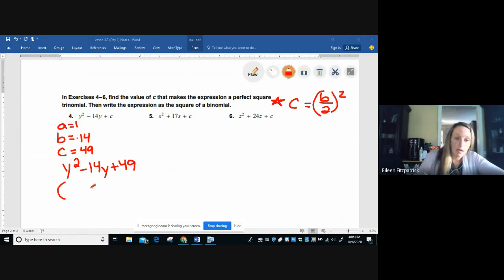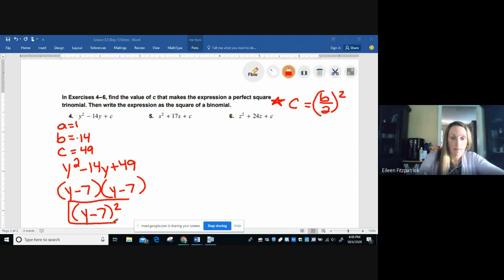I'll show the guess and check version, but then we'll start recognizing the pattern. What two numbers multiply to 49, but the same two numbers add to negative 14? It's y minus 7, y minus 7. Because the two binomials match, I write it as y minus 7 squared. All right, and that will be the final answer there.